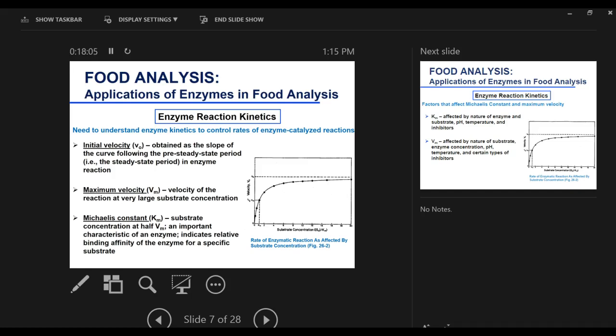So two substrates, substrate 1, substrate 2. And one enzyme, enzyme X. Which of these substrates does the enzyme have more affinity to? S2 or S1? Think about it and tell me. The enzyme has more affinity towards S2 or S1?